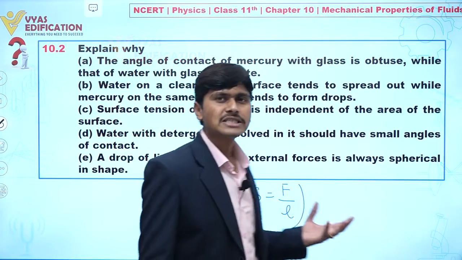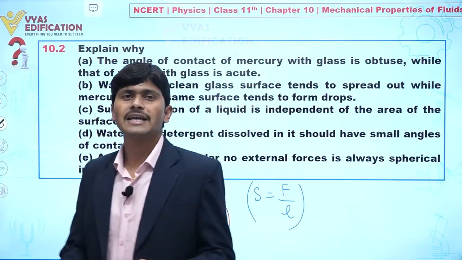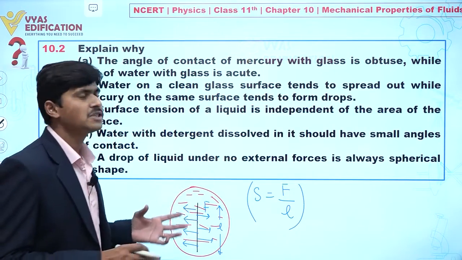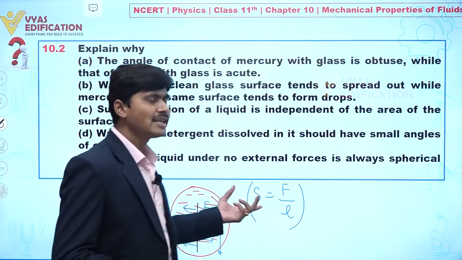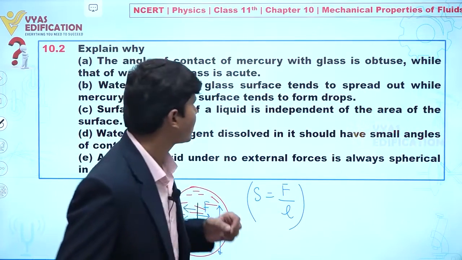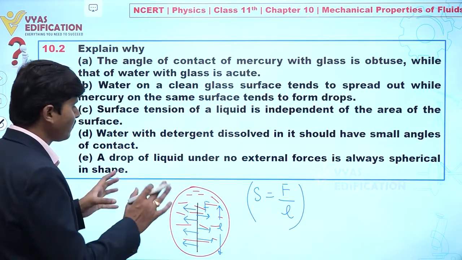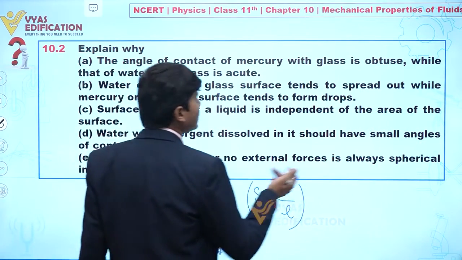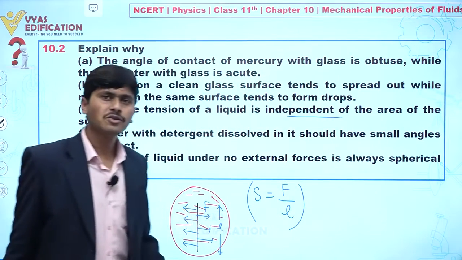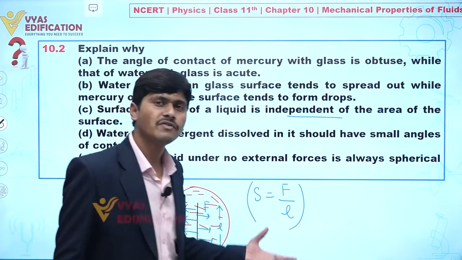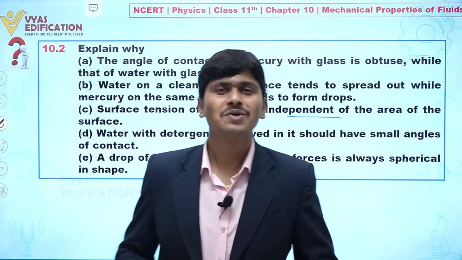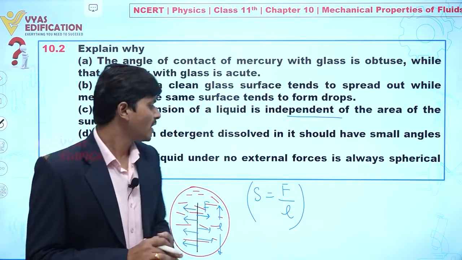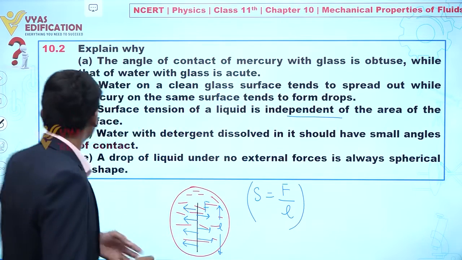From here you can say surface tension depends on the nature of the liquid and on temperature, but it is independent of area. So surface tension of a liquid is independent of area, and you can prove it like this, because we are not getting any term related to area. So this is all about part C.